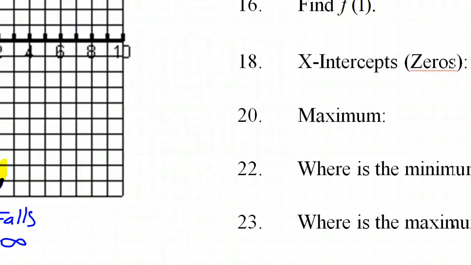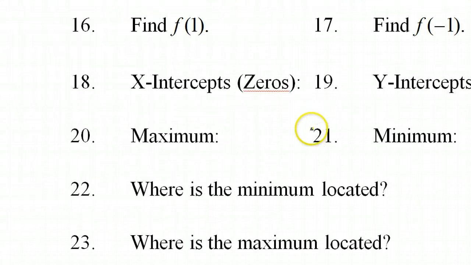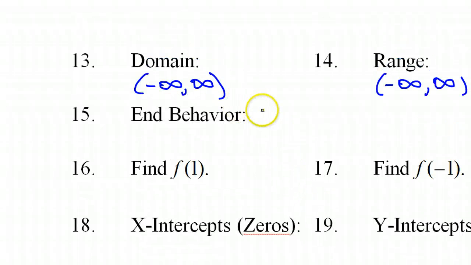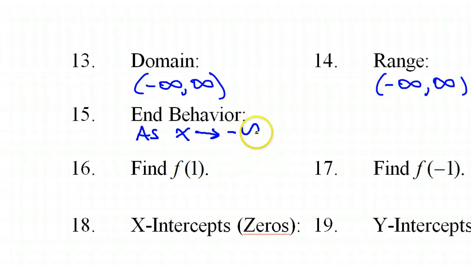But we have to be a little bit more mathematical than that. So for the end behavior, instead of just saying, on the left, we say as x approaches negative infinity. But that's a fancy way of saying as we go to the left.